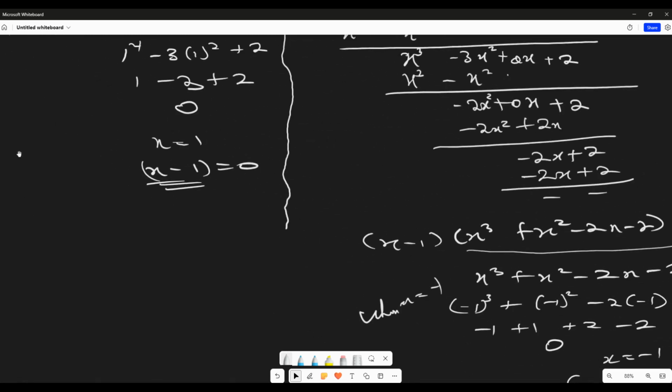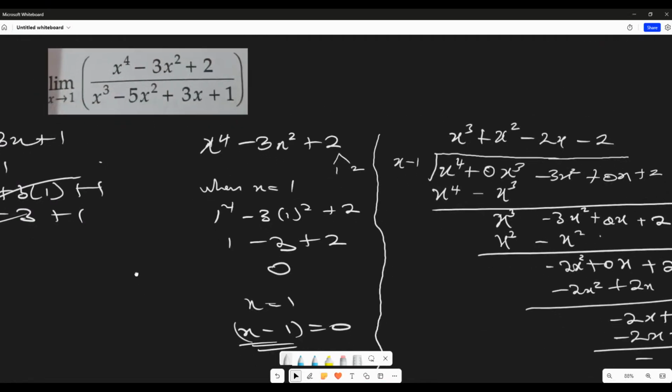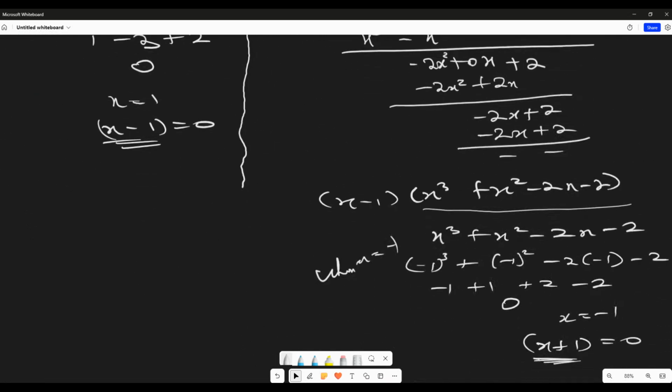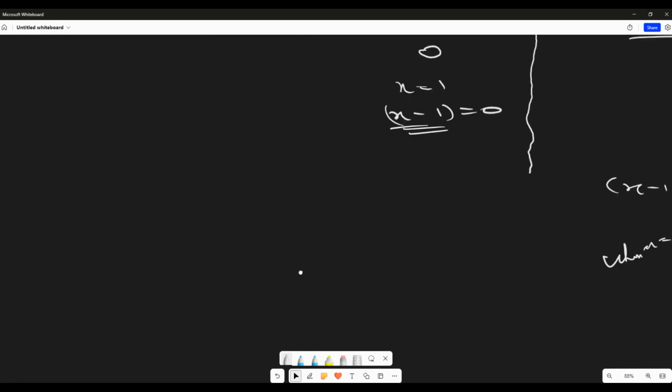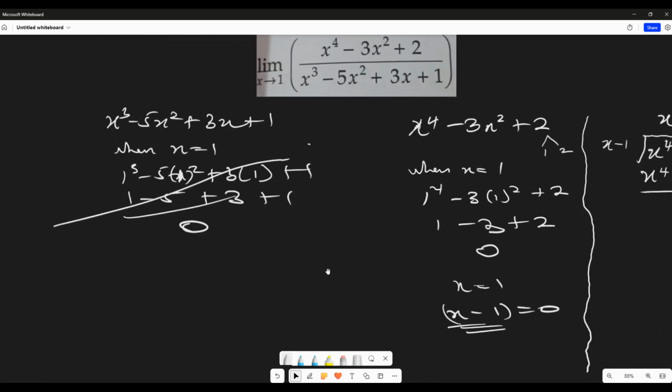The denominator is x cubed minus 5x squared plus 3x plus 1. Let's do that one here. x cubed minus 5x squared plus 3x plus 1.